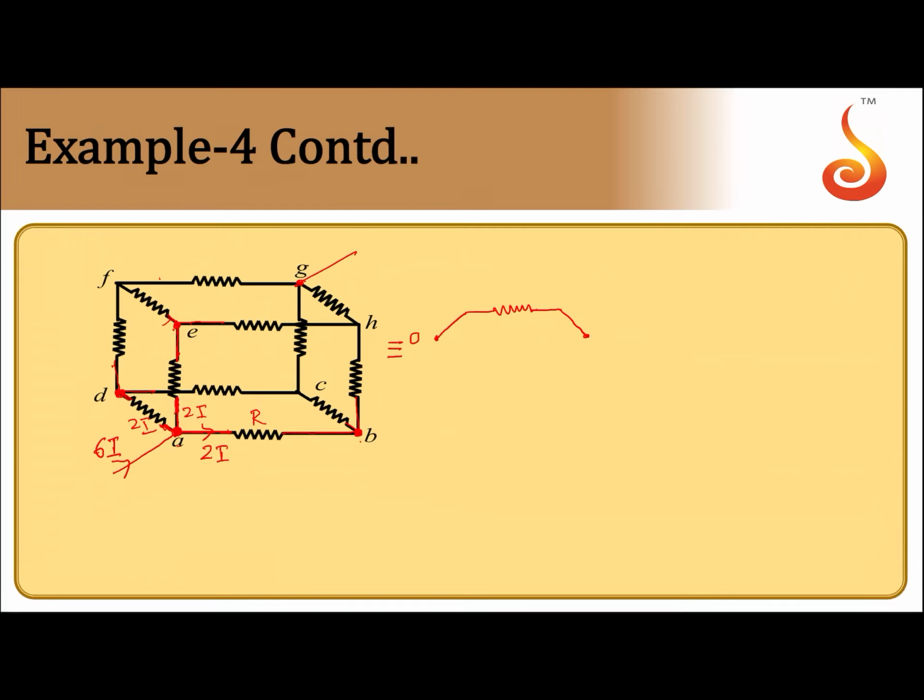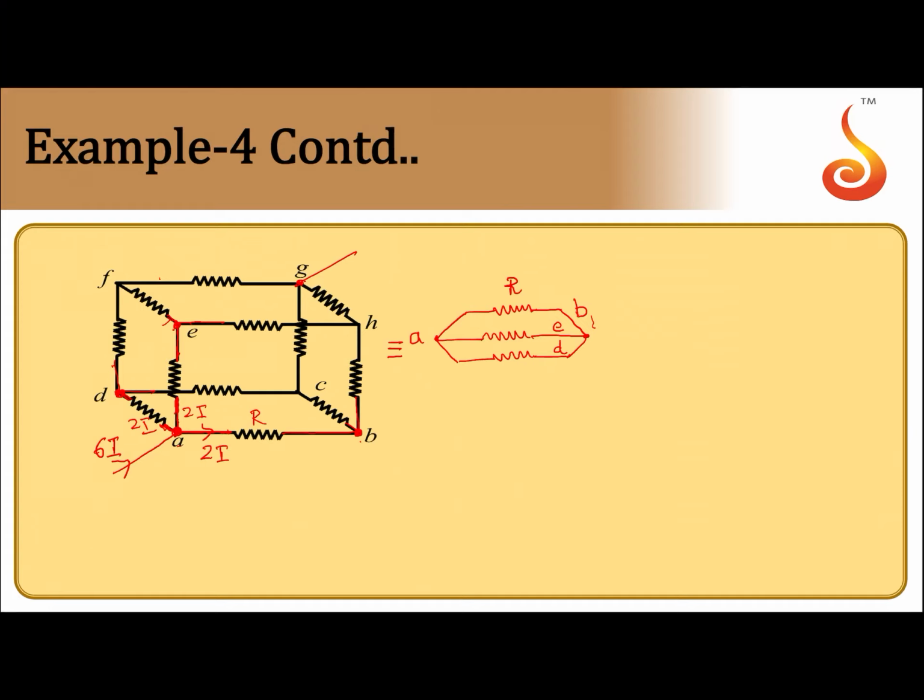So, if I call this point A, this is R, so this point will be B. This is a common point. So, B, E and one more is D. So, B, E, D can be shorted. So, they can be connected.